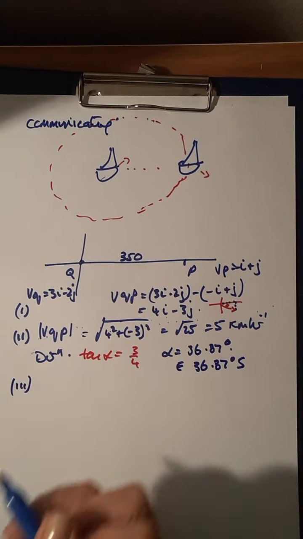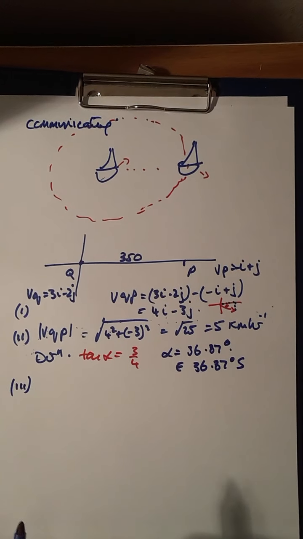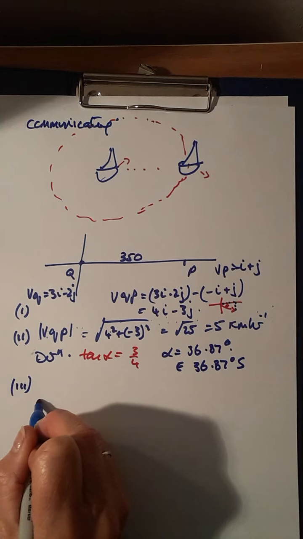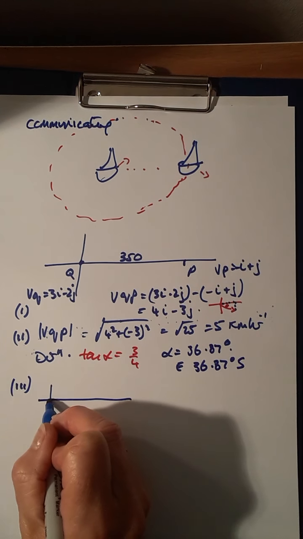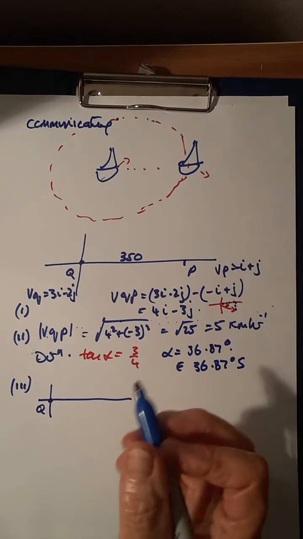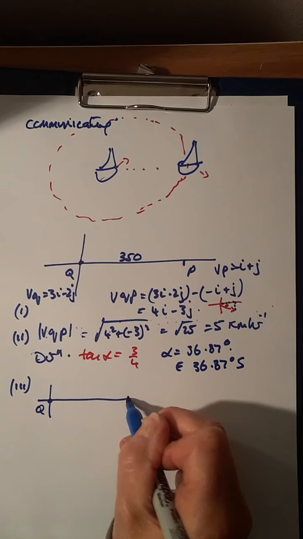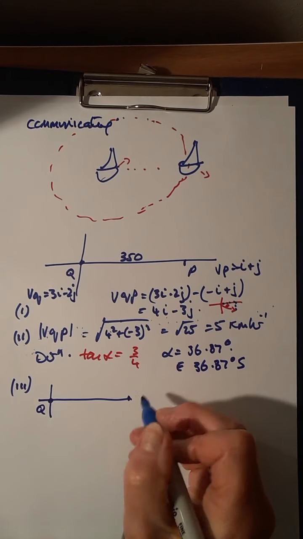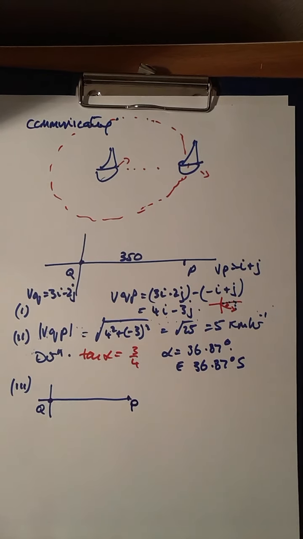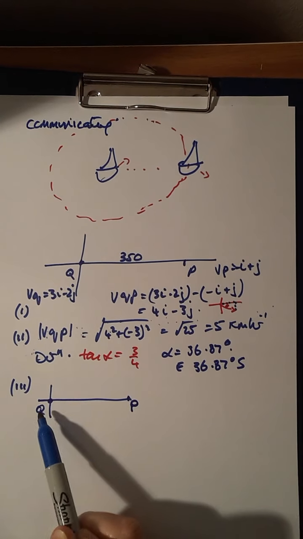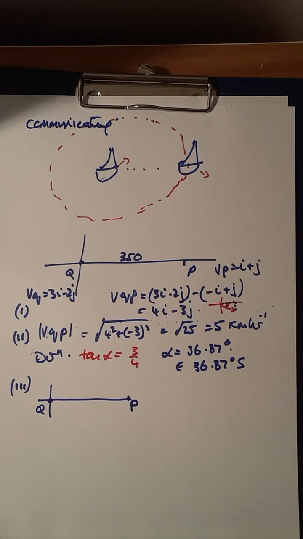Now, the shortest distance. Let's find the shortest distance between those ships. Okay, so here's my diagram. I have Q at the intersection, at that position there on my ij axis, the origin. And now I have P over here. I don't have to move any of them to the origin, because Q is already at the origin.